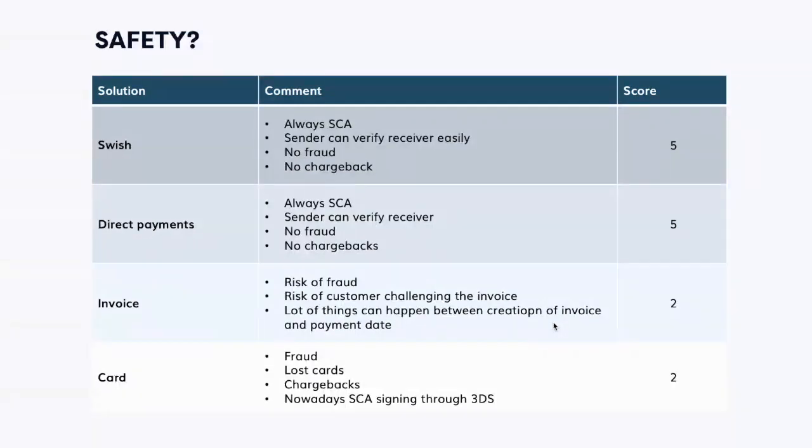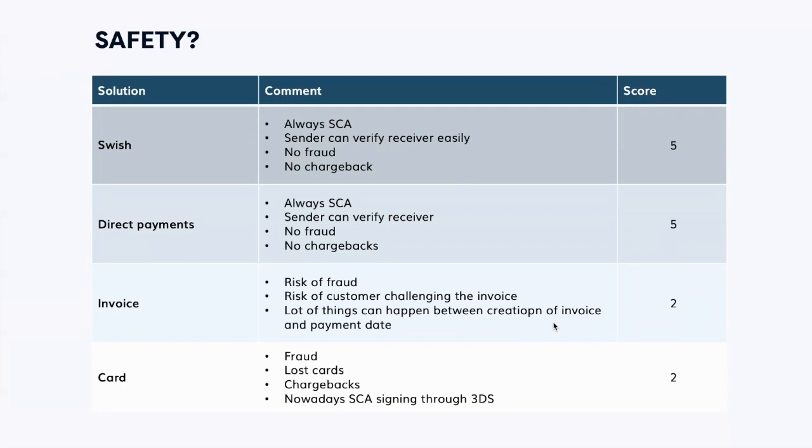What is going on when it comes to safety? Maybe not a big surprise by now. This is the 3rd key criteria, and as you can see, we have 2 distinct winners again: Swish and direct payments. They both come in at 5 points each due to some really good factors. Both use strong customer authentication as a means to verify your payment.